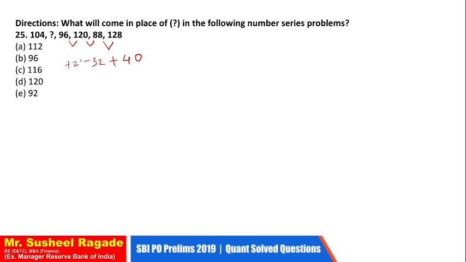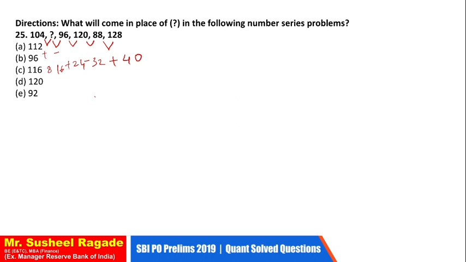So at one place they are adding and at another place they are subtracting. So now you have got a difference of 8, so it means that here they have added and here they have subtracted. So it's like 8, then 16, then 24, 32 and 40.